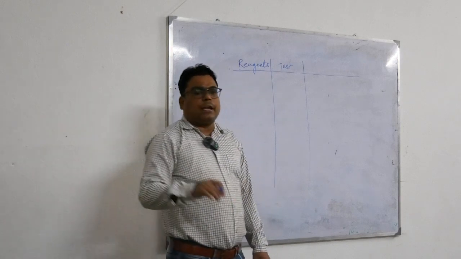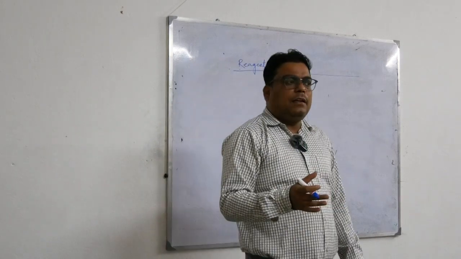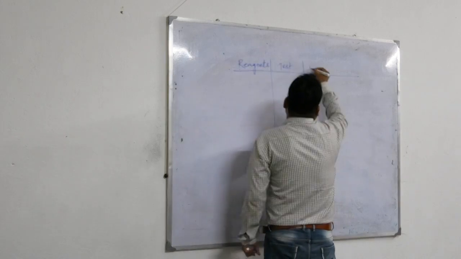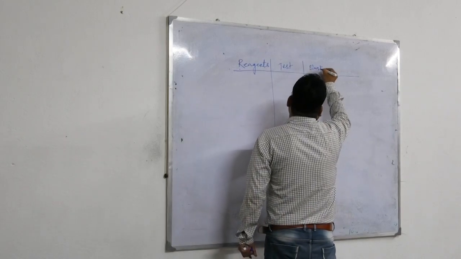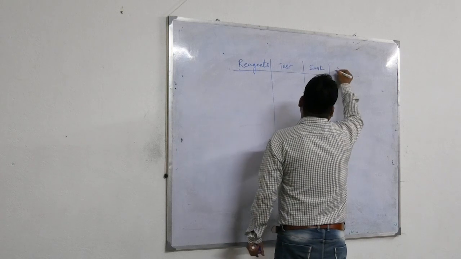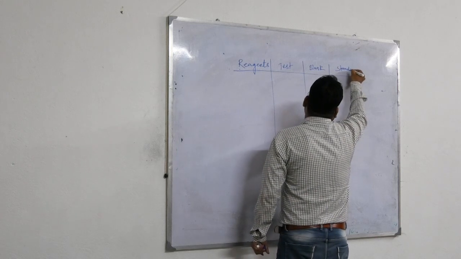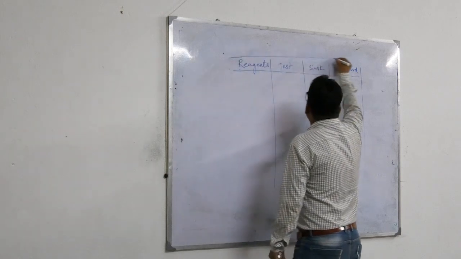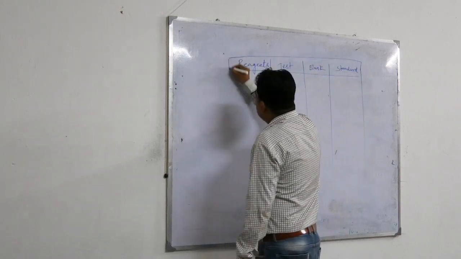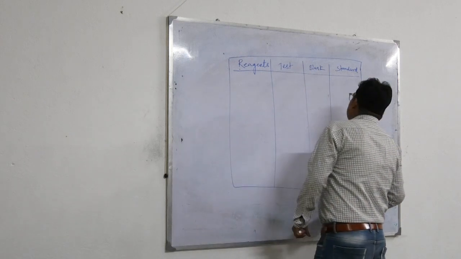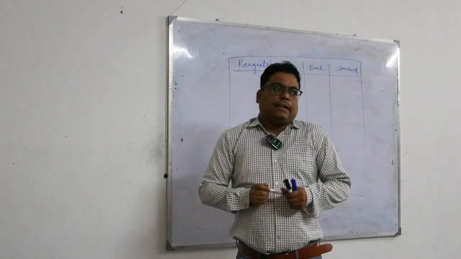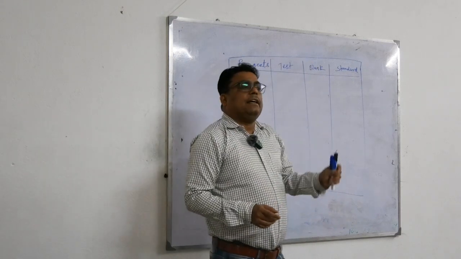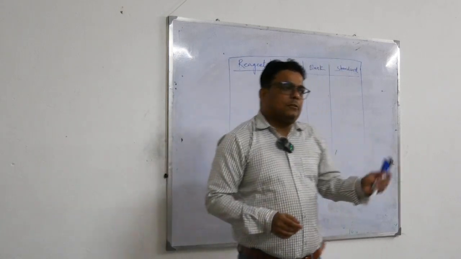I always tell you, keep in your mind what the principle is. So keep in mind that reagent, test, blank and standard. First we take test, blank and standard. We take 3 test tubes and mark them as test, blank and standard.